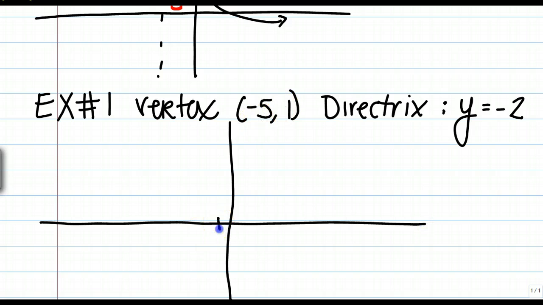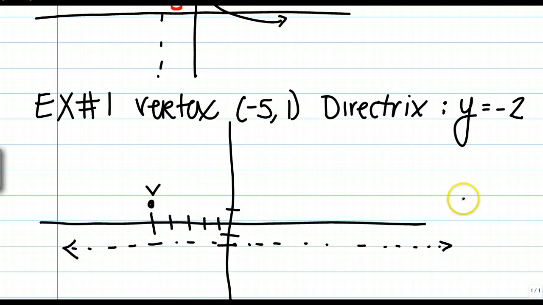We know we have -5, 1. This is your vertex. Your directrix is cutting through the y at -2. So 1, 2. And I make it a dotted line so I don't mix it up with my x-axis or y-axis. So again, this is y equals -2.